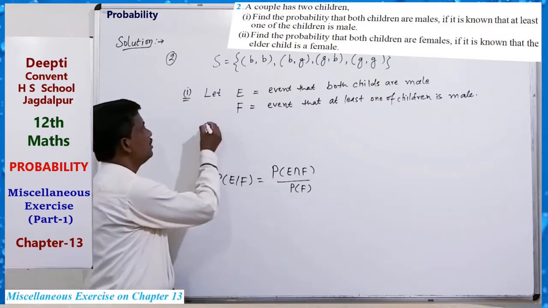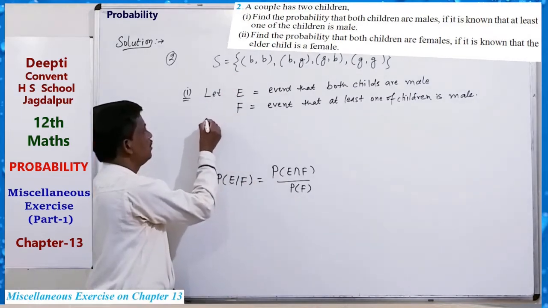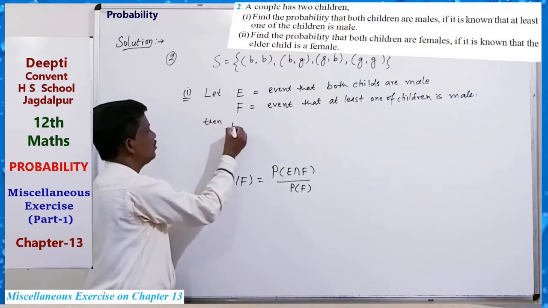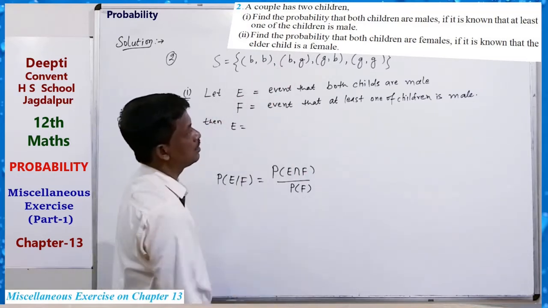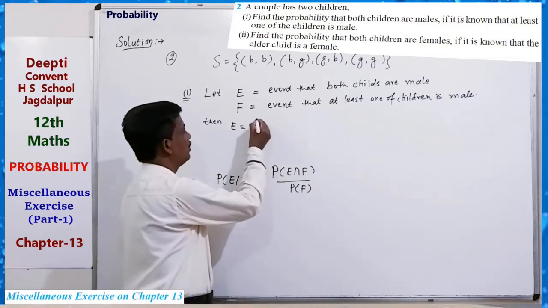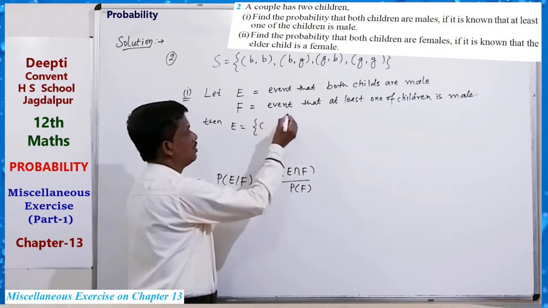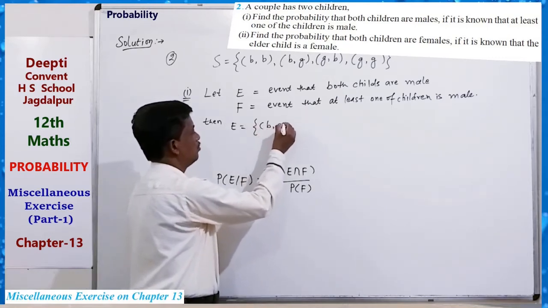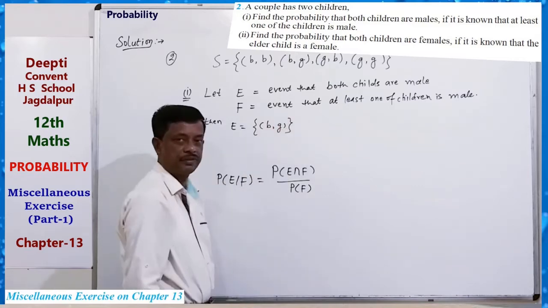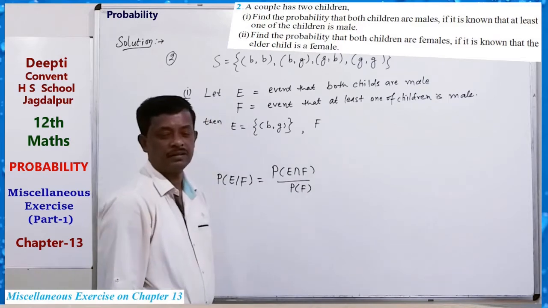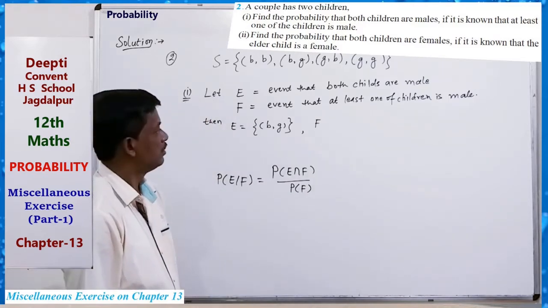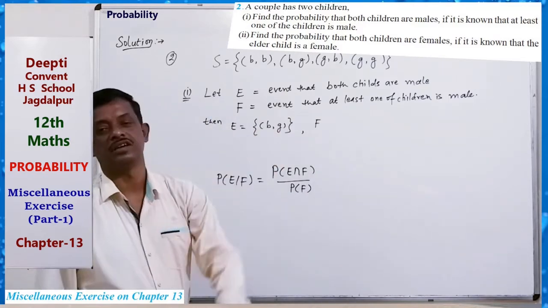So here E equals what? Both children are male, one condition, boy, boy. And F, at least one of the children is male.